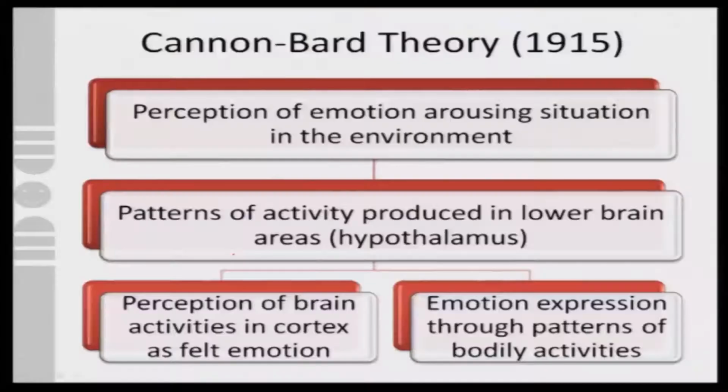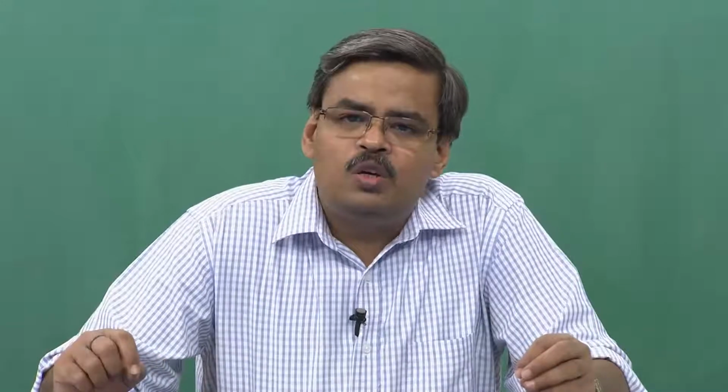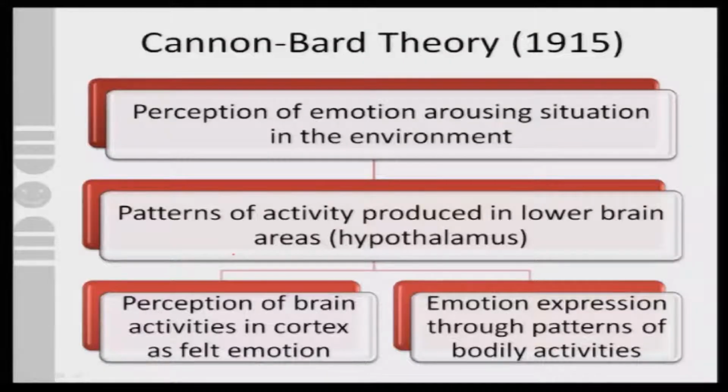We come to the other theory now. Cannon-Bard's theory came in 1915, and this was a revision of James and Lange's viewpoint. They said that perception of an emotion is based on the situation in the environment, which is of course arousing enough.